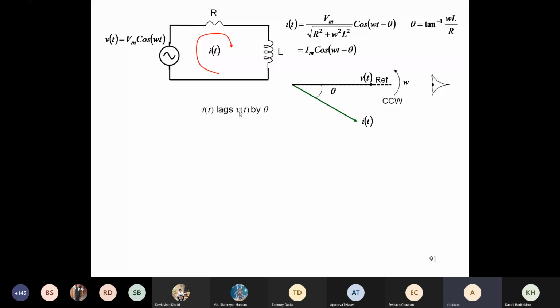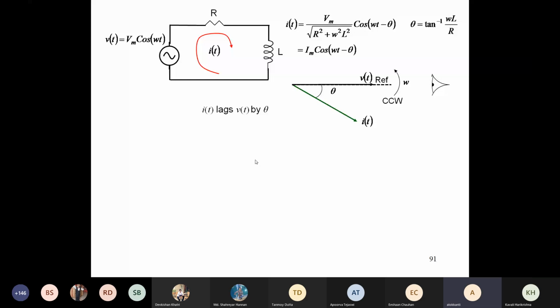So here basically you see that i(t) lags v(t) by theta. The way we have represented it, i(t) lags v(t) by theta, because if the vectors are rotating, you will first see v(t) since we have placed v(t) along the reference, and then you will see i(t).